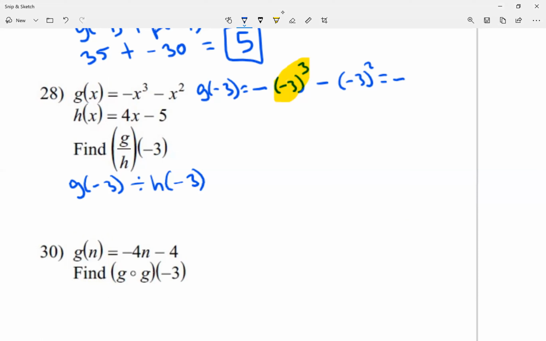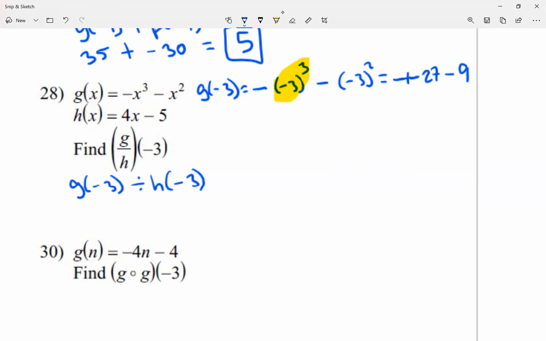So there's a negative sign at the very beginning. Negative 3 to the third is negative 27. Then I have minus 9. Negative 3 squared gave me positive 9. Interesting part is that at the very beginning of my question here, I have two negative signs. So that's going to change to a positive sign.